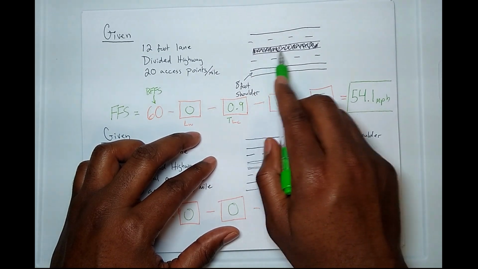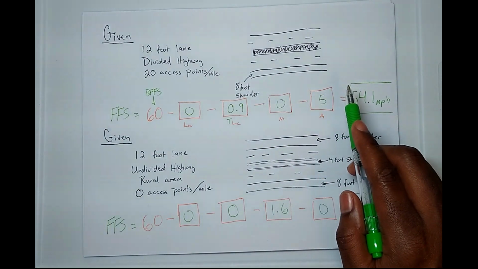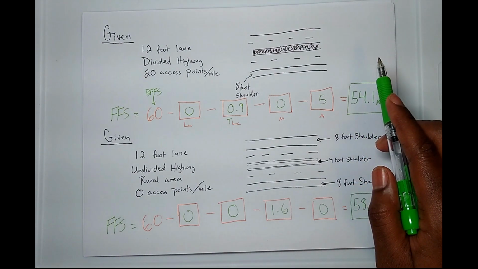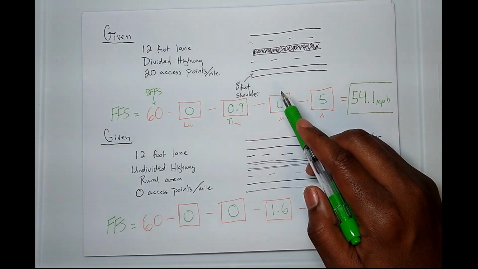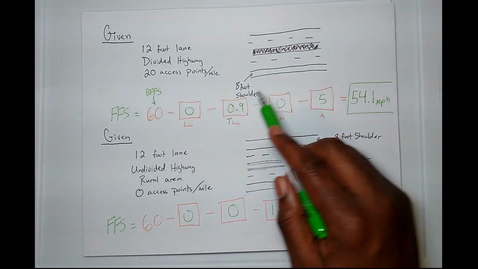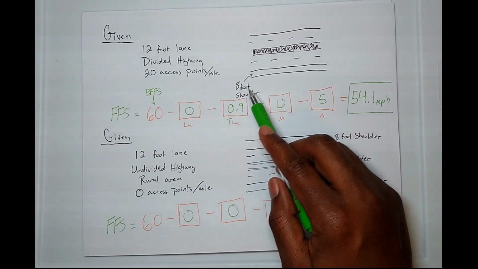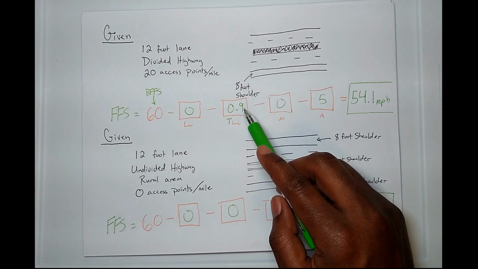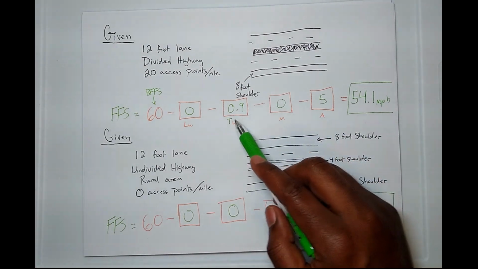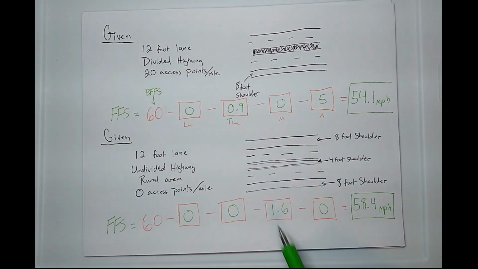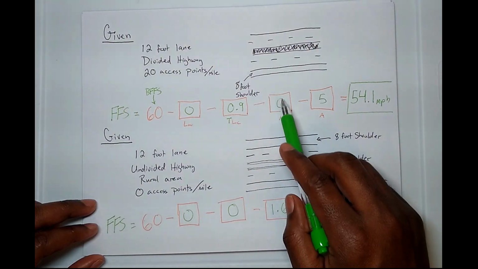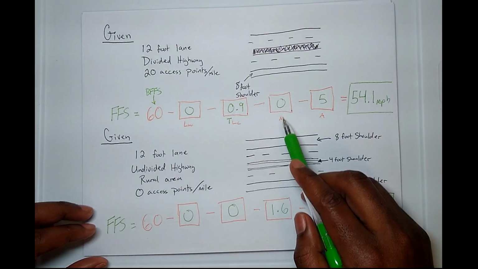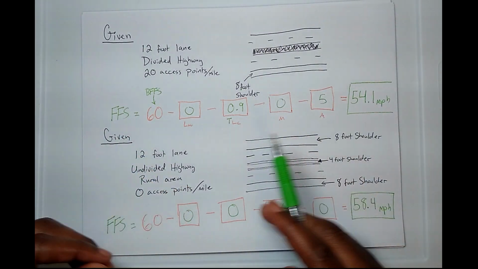There isn't much of a shoulder on the left side, and therefore the total lateral clearance in that scenario is going to be equal to 8, and that 8 is associated with a factor of 0.9, so we're subtracting 0.9. Because it's a divided highway, that's most ideal. It helps with maintaining speeds in both directions.